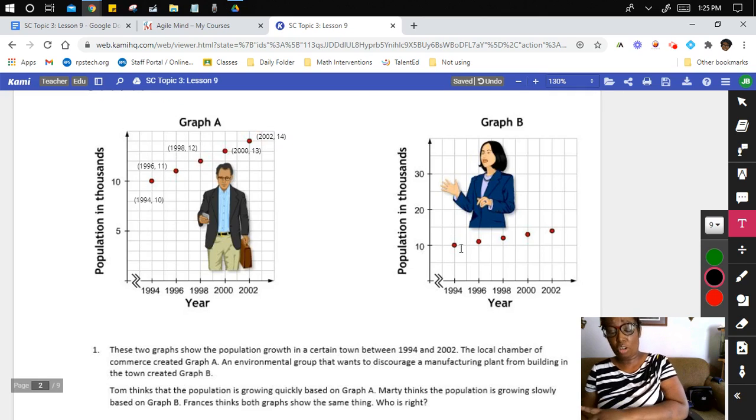Okay, let's go over here. This point is 1994, 10. So that's easy to read. But we have a dilemma here. 10 is here, 20 is here. So what's between 10 and 20?